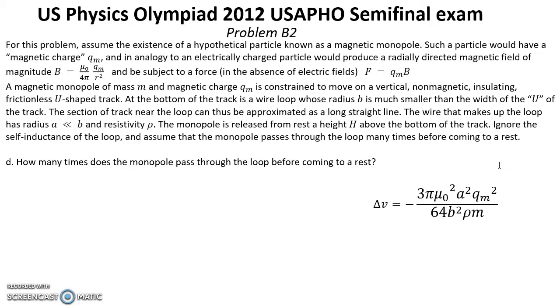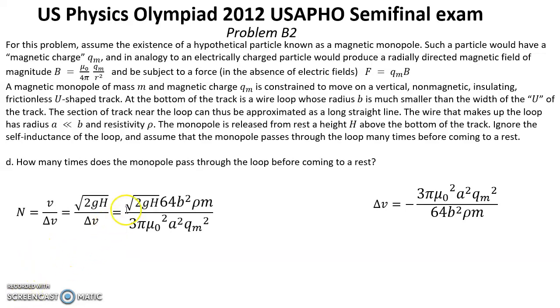And so dV is always negative. The number of turns can be found by dividing the initial speed v over dv. And the initial speed we can find from energy conservation. That will be the square root of 2gh multiplied by this expression and divided by this expression. That's the answer for question D.